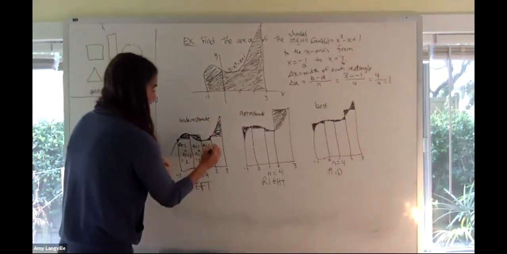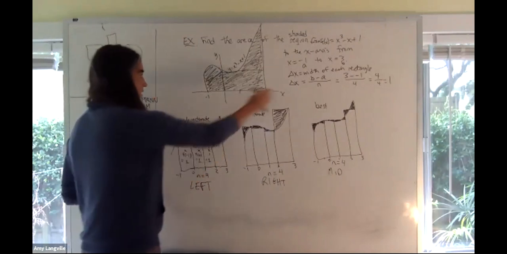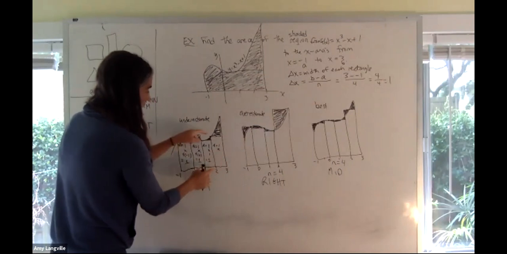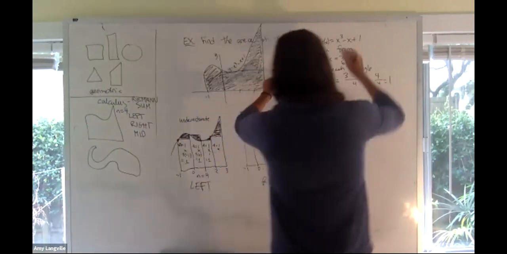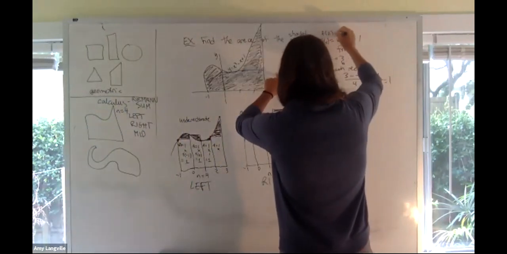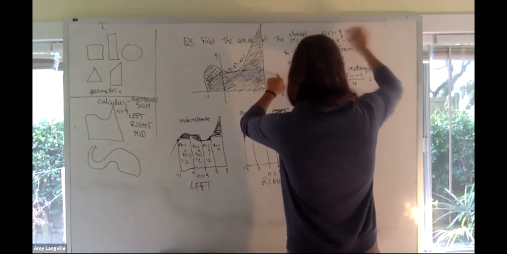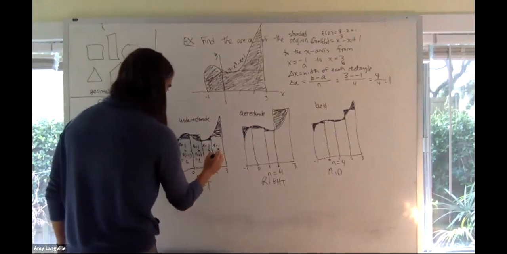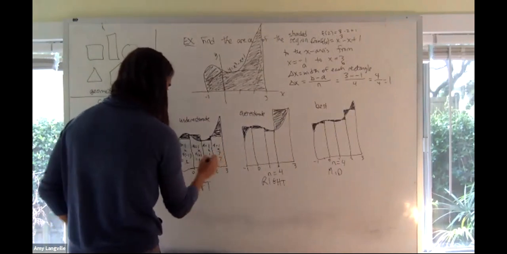This last rectangle also has a width of 1. By design, they always have the same width. We multiply it by the height. The height is f of 2 this time. F of 2 is 8 minus 2 plus 1, so that's 9 minus 2 is 7. So this one's actually much taller than my picture shows. The picture is not to scale.